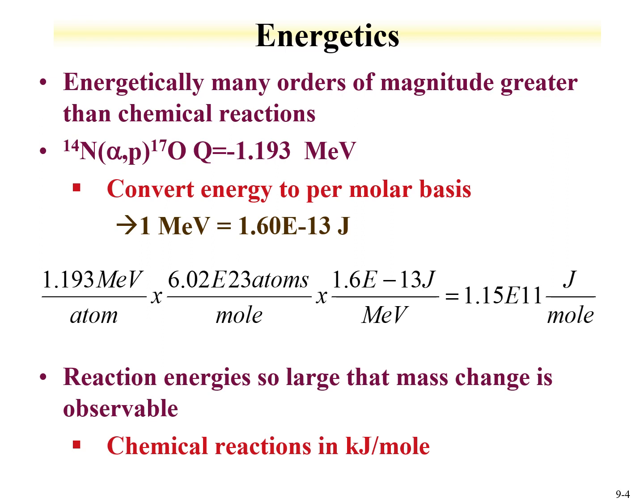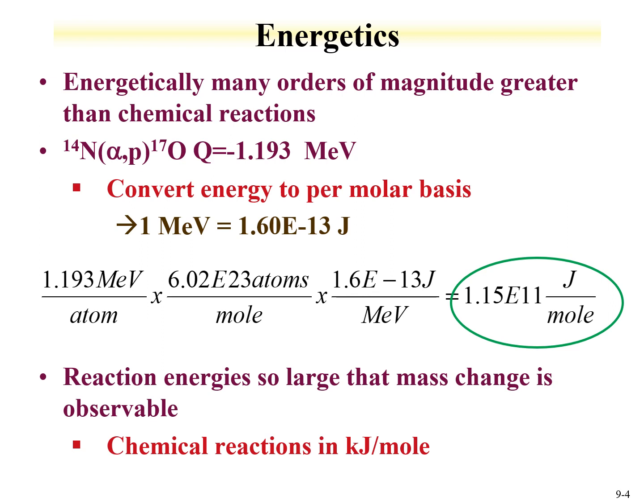We use a conversion of 1 MeV equals 1.6 times 10 to the minus 13 joules. So we can convert our reaction from MeV per atom into joules per mole, and we see that this reaction winds up being on the order of 1 times 10 to the 11th joules per mole.